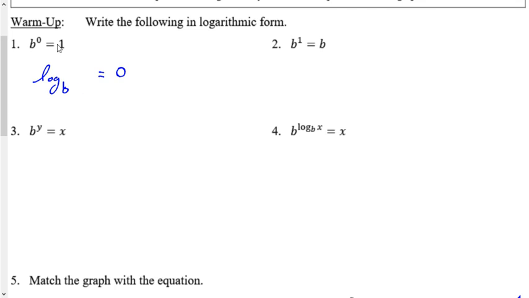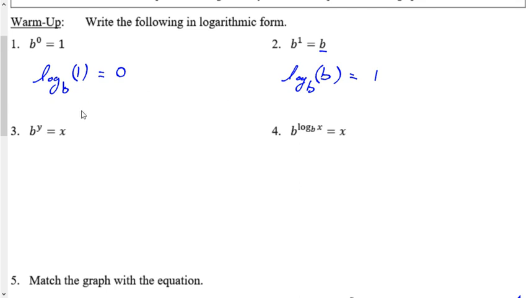And here we said the power, b to the 0, is equal to 1. So log base b of 1 is equal to 0. Number 2, similar idea. As I look at the left, my base is b, so I have log base b. It's equal to the exponent of 1, and it operates on the power, which is the b from the right-hand side.